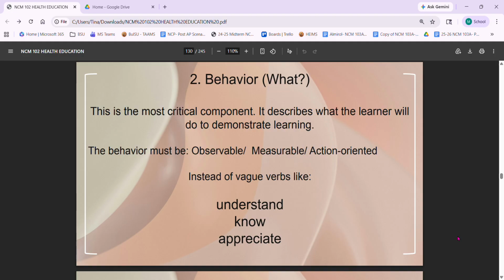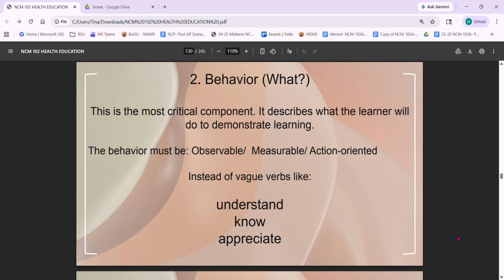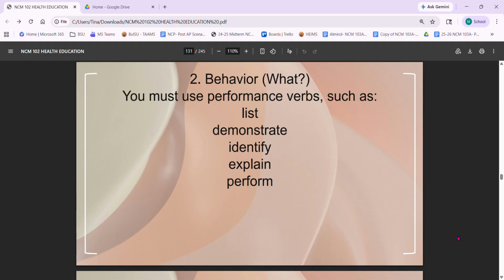Instead, when you are writing the B part, the behavior, you must use performance verbs like what? List, demonstrate, identify, explain, perform. These are measurable. Okay? Kasi nga, ang behavior must be observable, measurable, and action-oriented. Please take note of that.